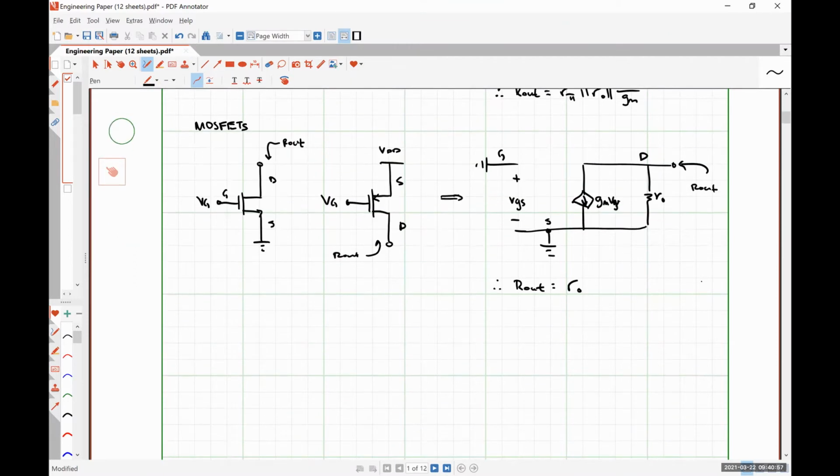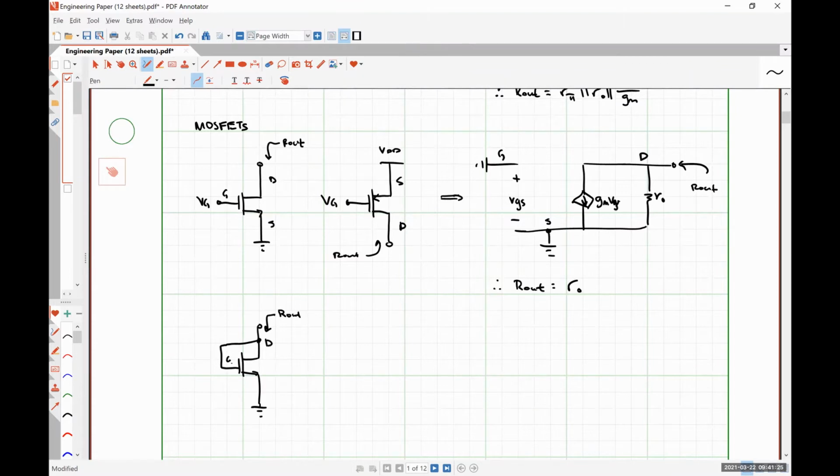And lastly, for diode connected MOSFETs, we should observe that our drain and our gate are tied to the same potential.